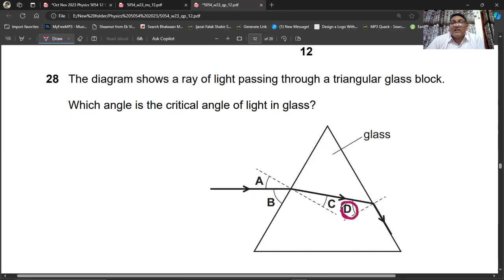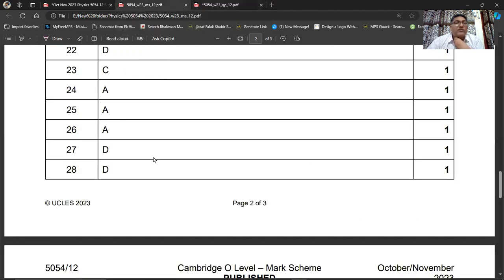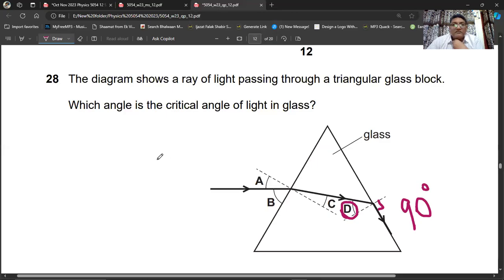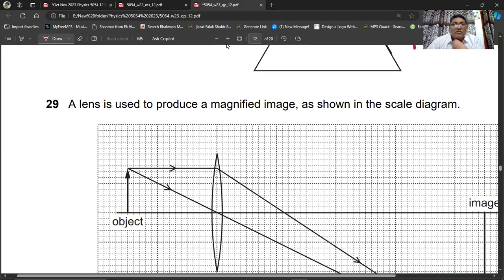You can see this is the angle of incidence in the dense medium for which the angle of refraction in the rare medium is how much? 90 degrees. So this angle of incidence is called the critical angle. So D is the choice. Question number 28, D is the right choice, sir.